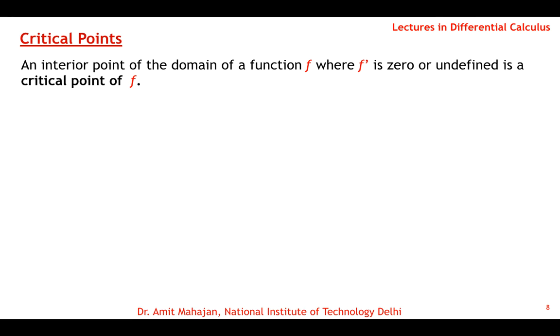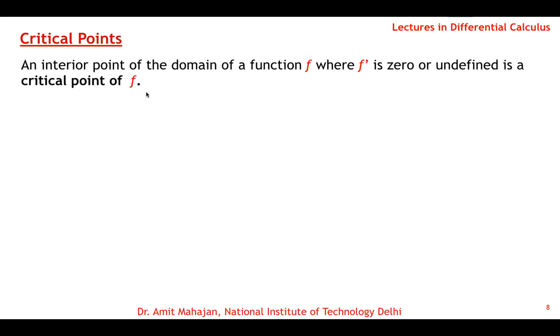so now I'm going to give you some definitions here, and the first definition is about critical points. Okay, so it says that an interior point of the domain of a function f where the derivative is 0 or the derivative is undefined is a critical point of the function.